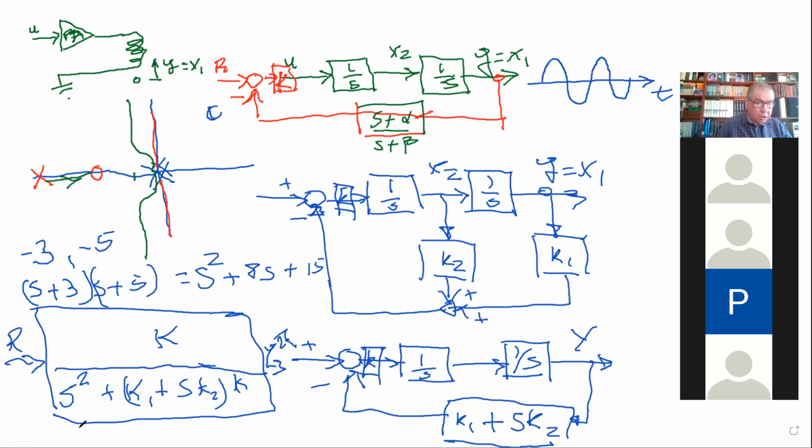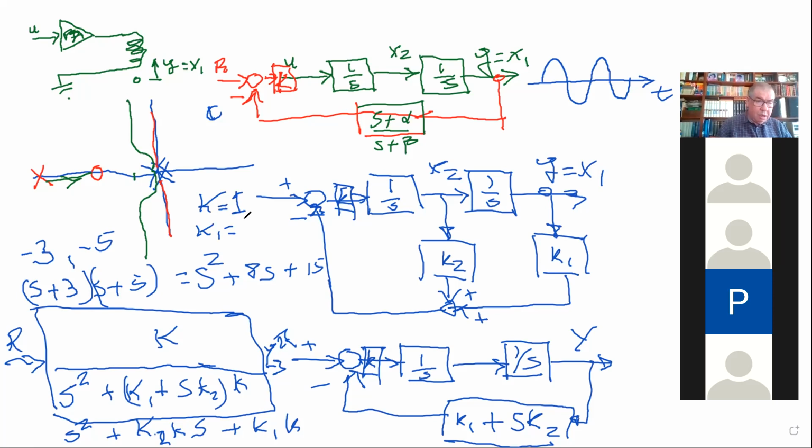And here, what you have is S squared plus K2 K S plus K1 K. So suppose that you select K equal to 1. And K1 should be what? 15.